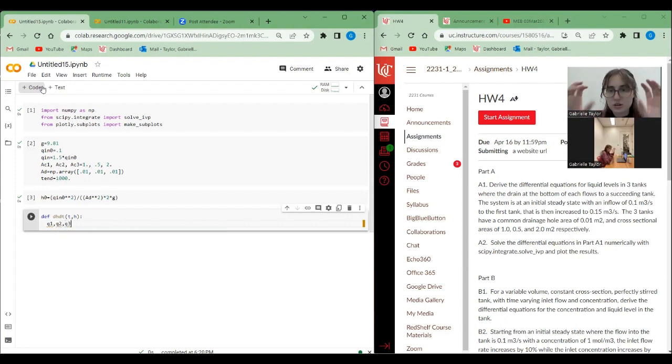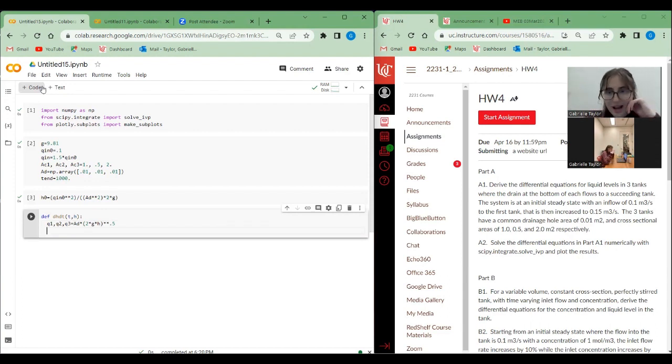We have our leaving flows from both systems, which is going to equal our cross-sectional area of the drainage hole times 2 times G times H, and this is going to be squared.